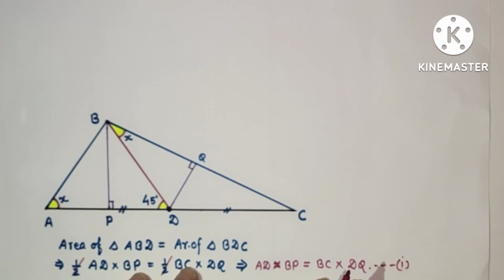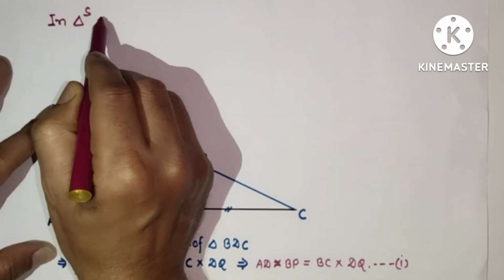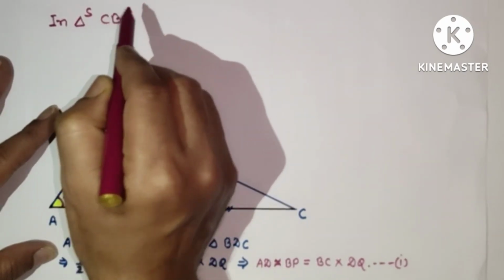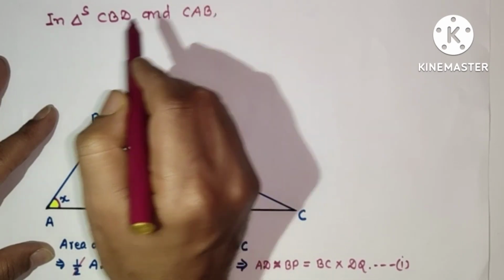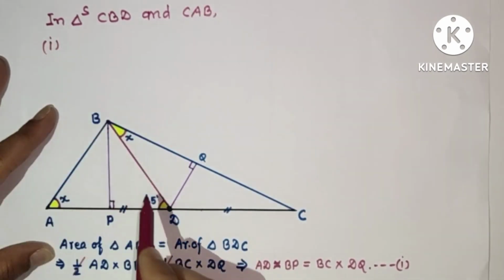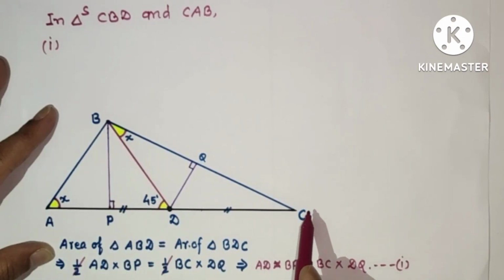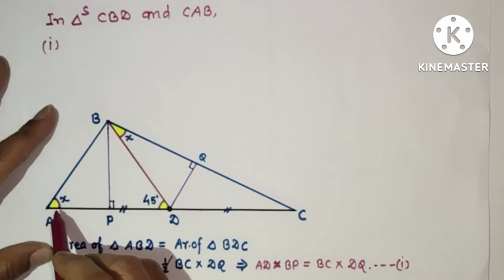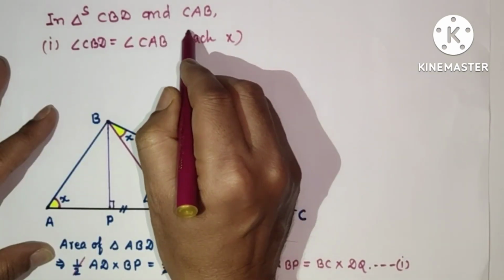Now in triangles CBD and CAB, we are going to prove that these two are similar. First, in CBD angle B and in CAB angle A will be equal, given, and each is X here.